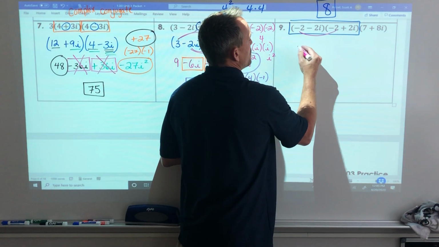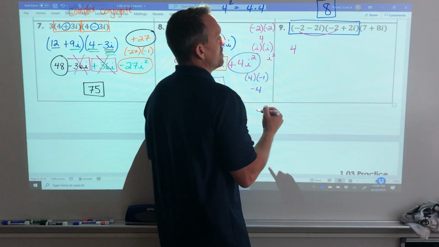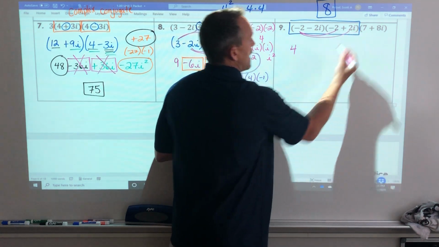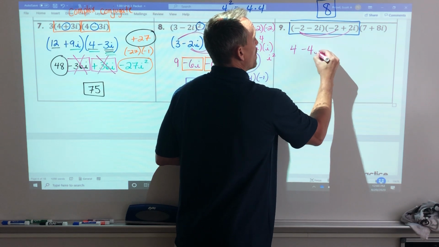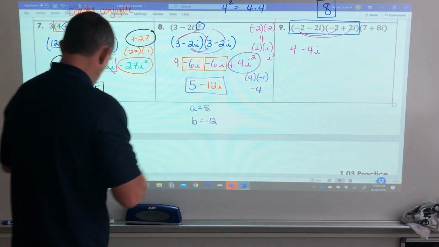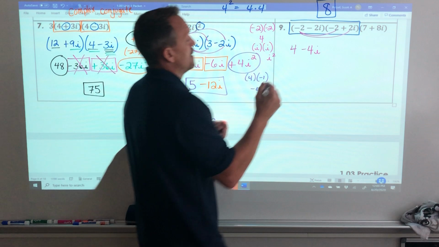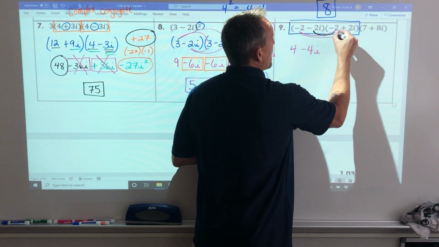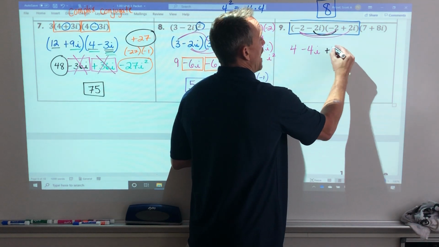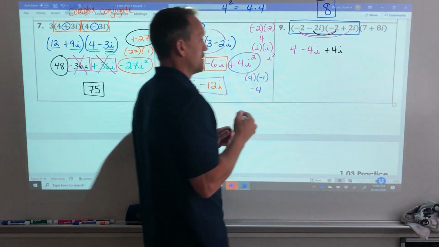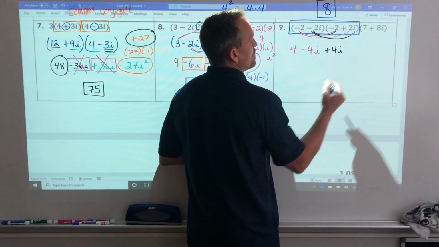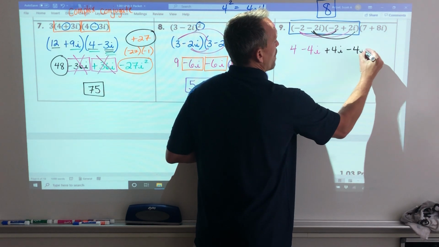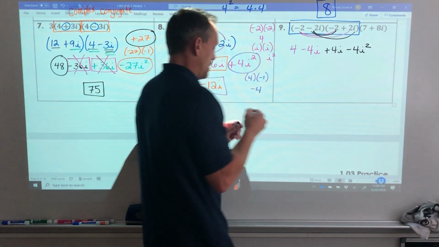Negative 2 times negative 2 is 4. Negative 2 times 2i is negative 4i. Negative 2i times negative 2 is positive 4i. Negative 2i times 2i is negative 4i squared.